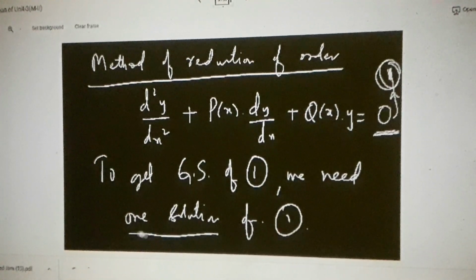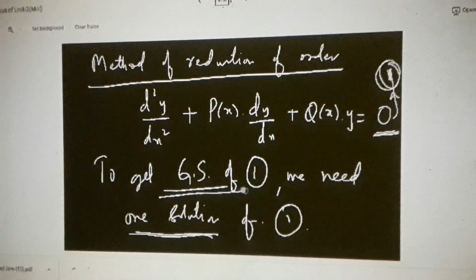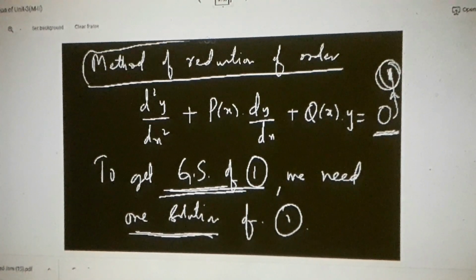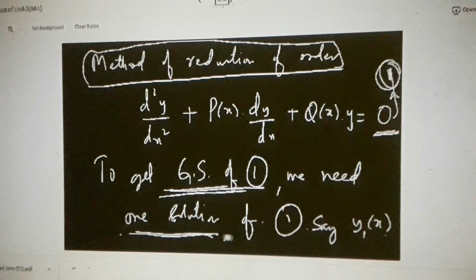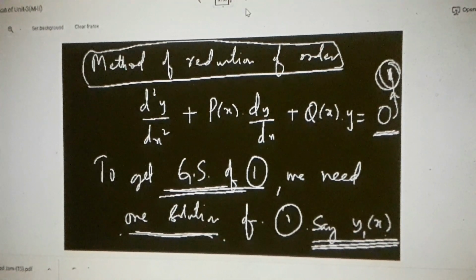If we know just one solution, we can bring the complete general solution by the method of reduction of order. So if one solution, say y1 of x, we need one solution, say y1 of x. So if one solution is available with us, how to get the general solution, that I am telling you now.